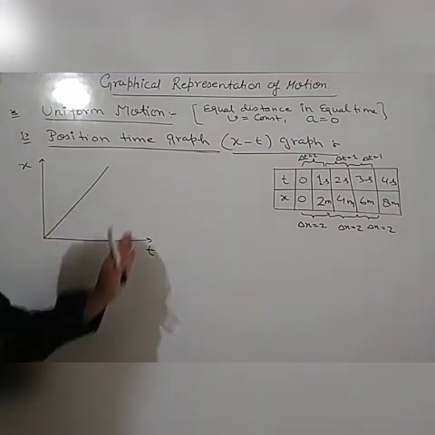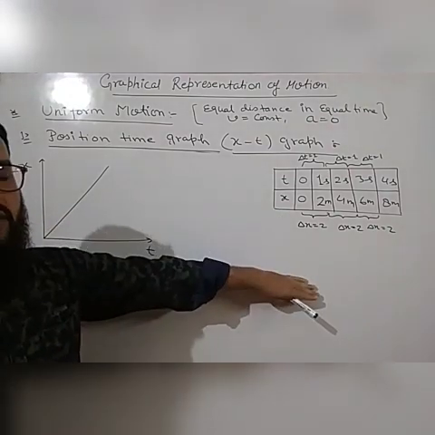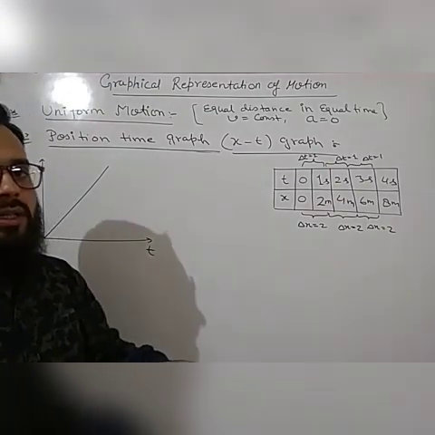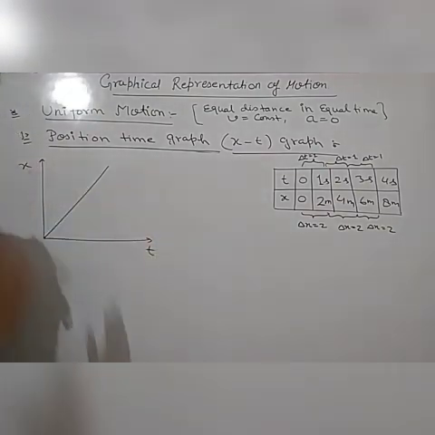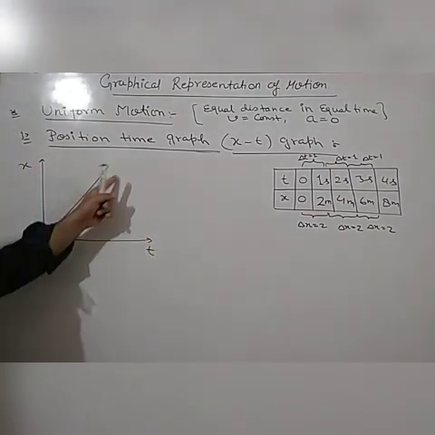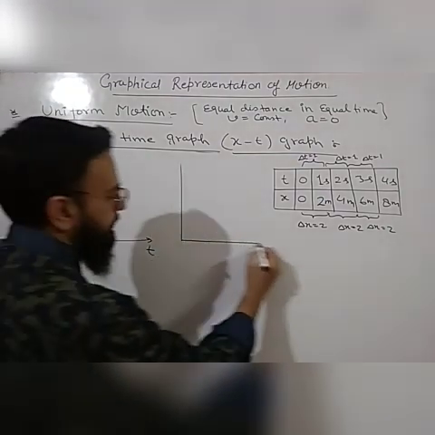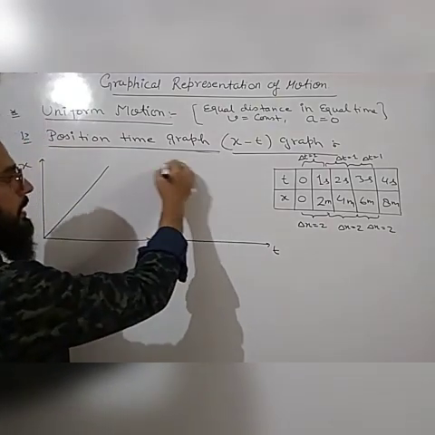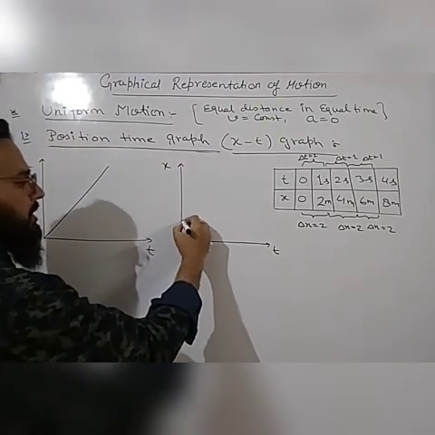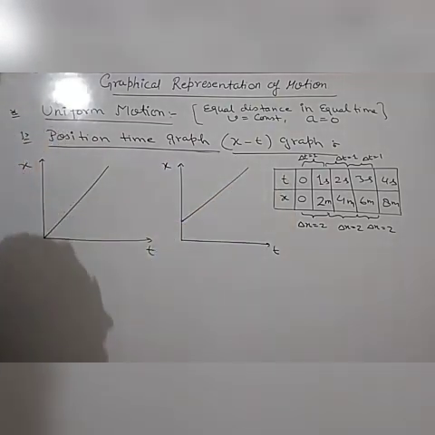Okay, you can draw if the table is given. If the table is not given, you have to draw only the graph. Then the general graph will look like this: a straight line passing through the origin, or it may also be like this: t and x, it starts from here. It may also look like this.